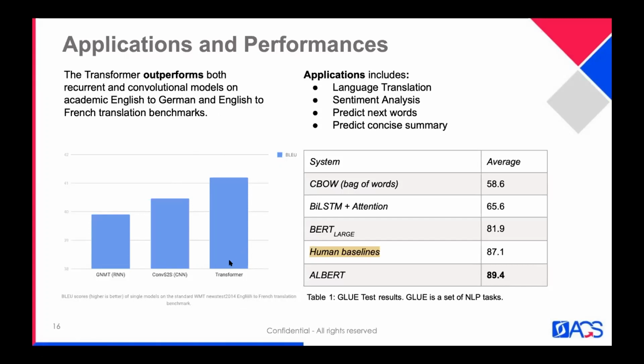And here you can see the comparison between the transformer and RNN and convolutional neural network for machine translation systems, and also for many other applications, because as you will see with Gianluca, transformer can be applied to many fields, like sentiment analysis, or maybe also summarization. And in many of these applications, transformer outperforms the previous models.